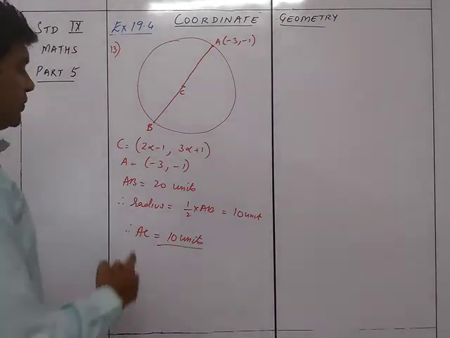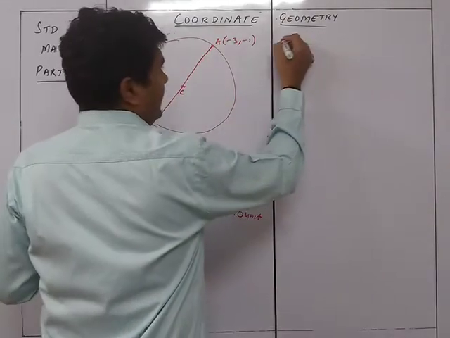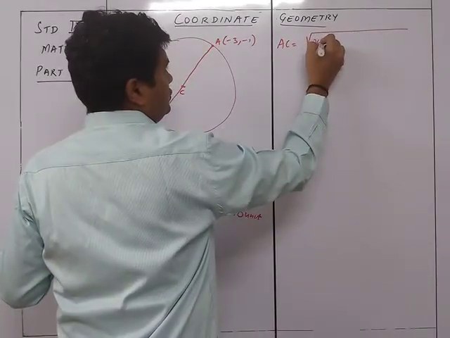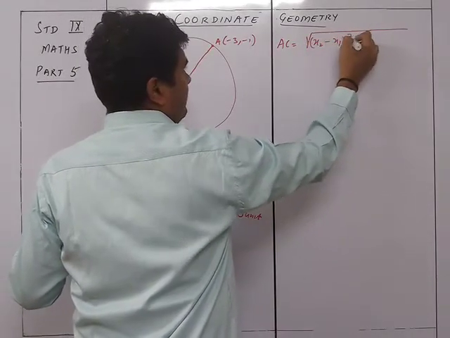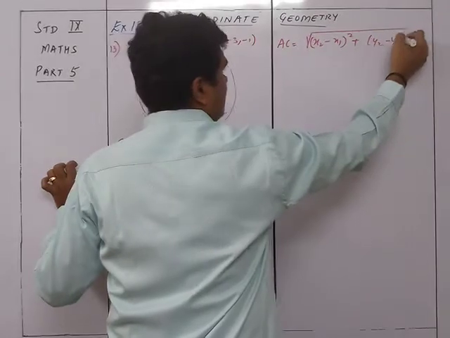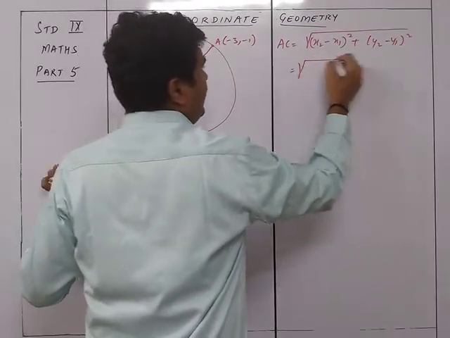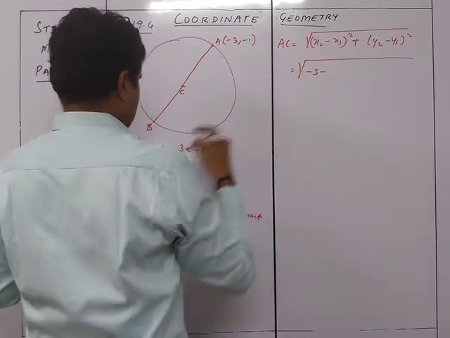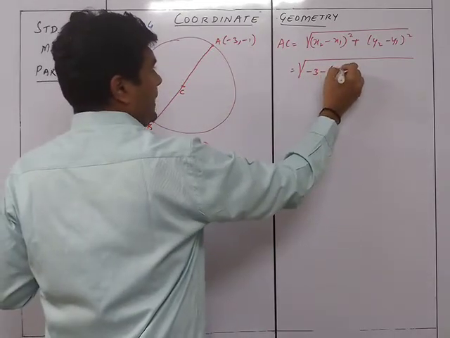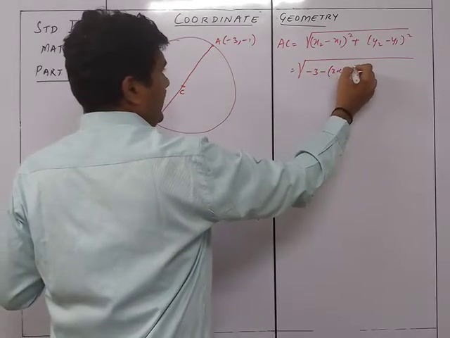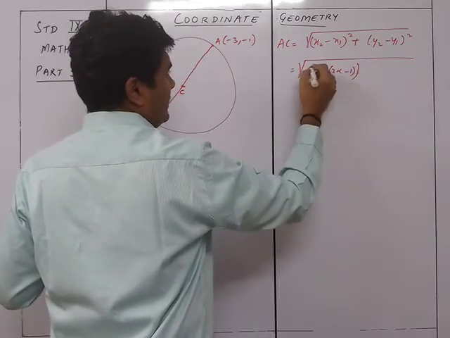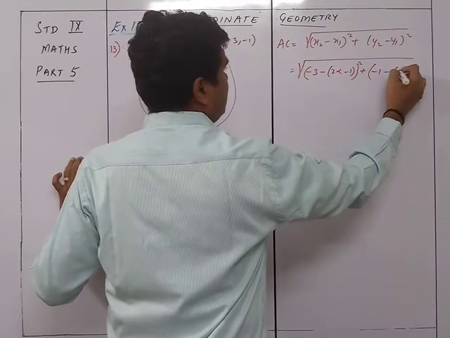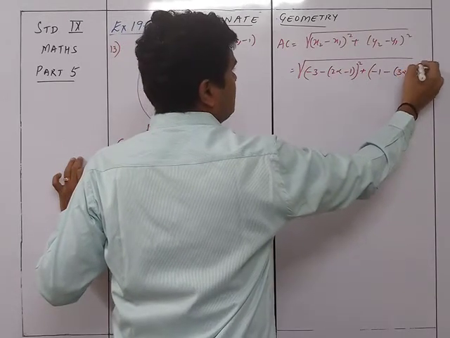Now you know the values over here, so we know that AC is equal to square root of (x2 minus x1) the whole square plus (y2 minus y1) the whole square. That is going to be (minus 3 minus of (2 alpha minus 1)) the whole square plus (minus 1 minus (3 alpha plus 1)) the whole square.